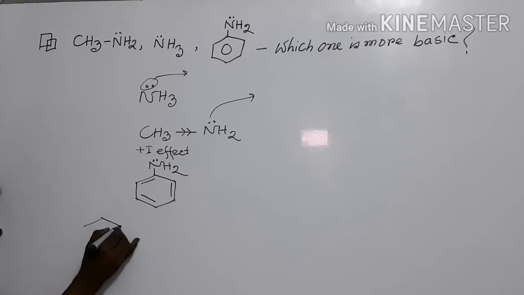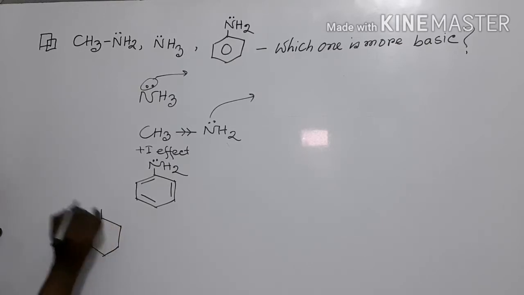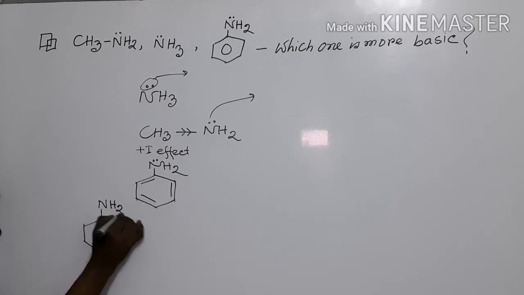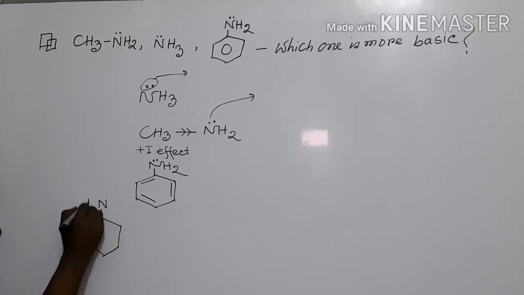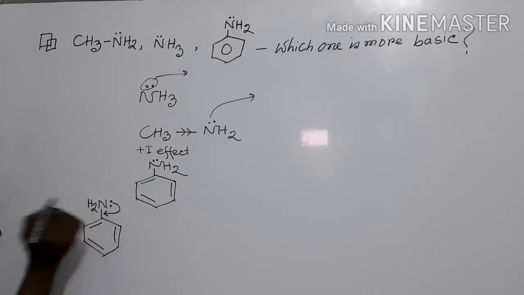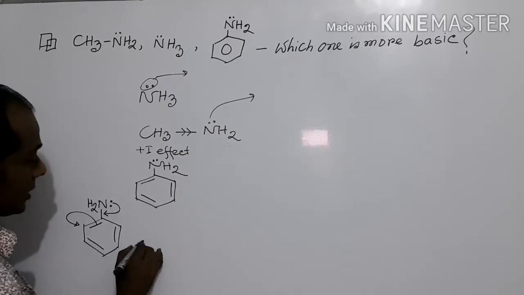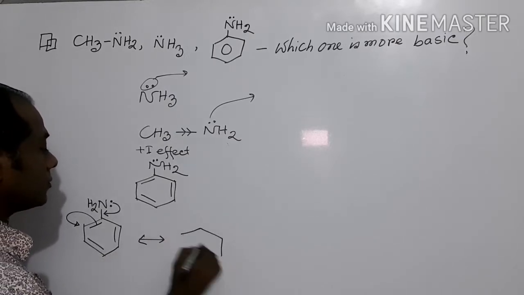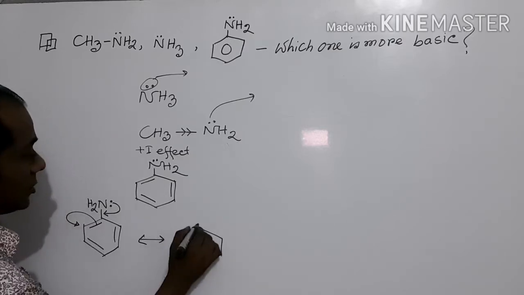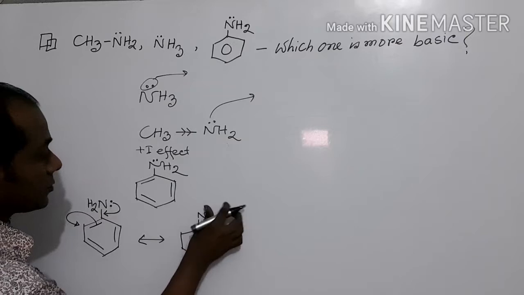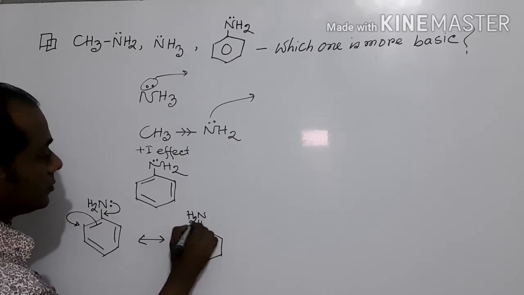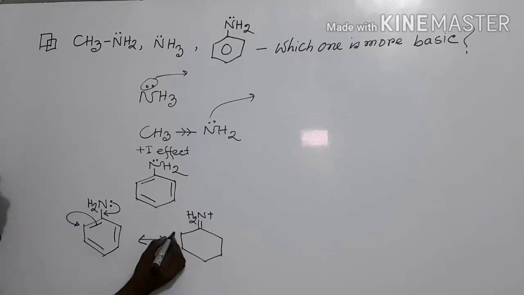If we see the resonance of aniline, here nitrogen pushes electrons towards the benzene ring and this electron shifts to this carbon. Here double bond, negative charge.